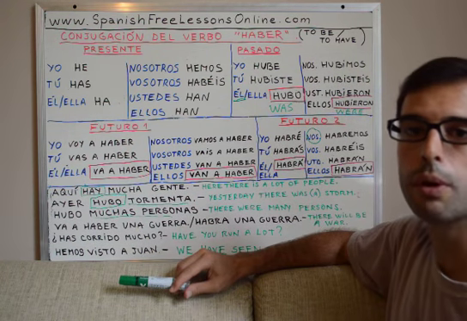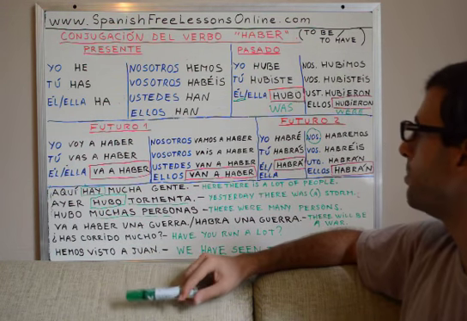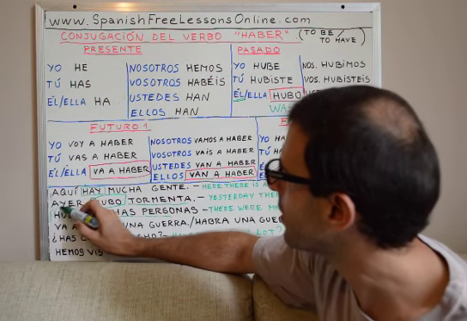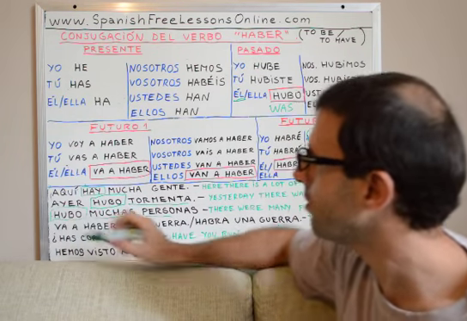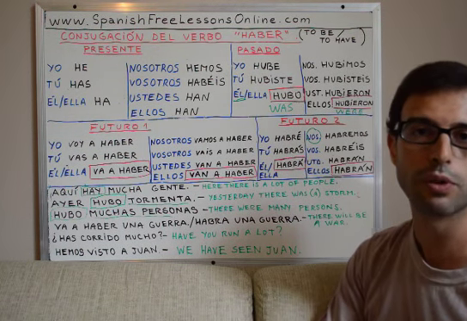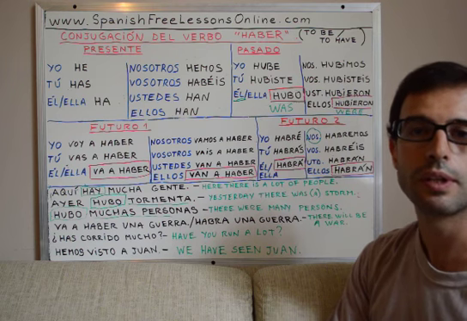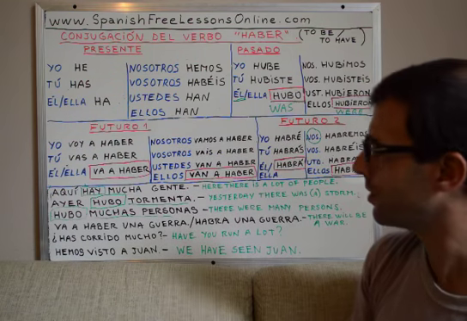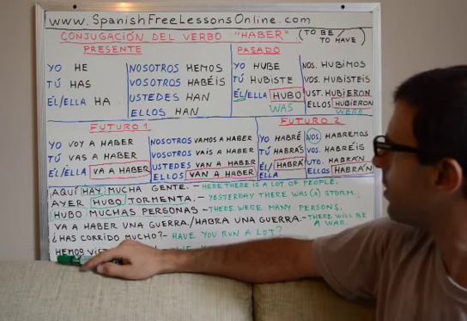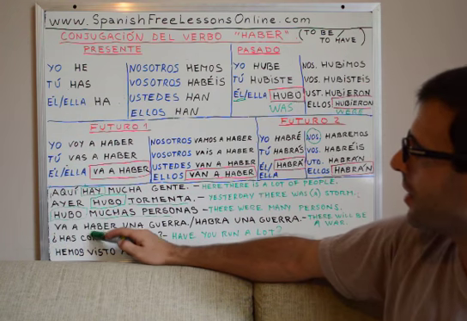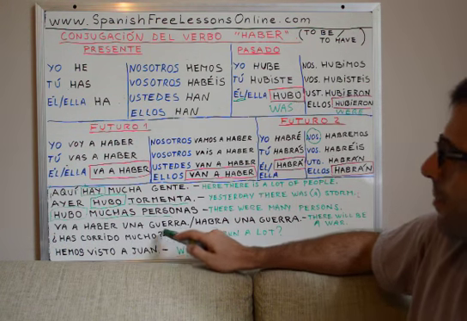There was many people, many persons. So this is something you have to keep in mind. Even if you say hubieron, probably everybody will understand what you're talking about, and many people would say hubieron, although it is wrong. Okay.